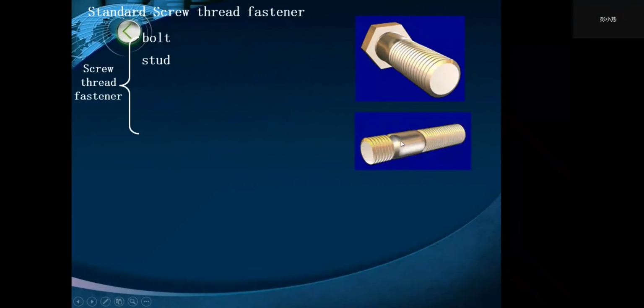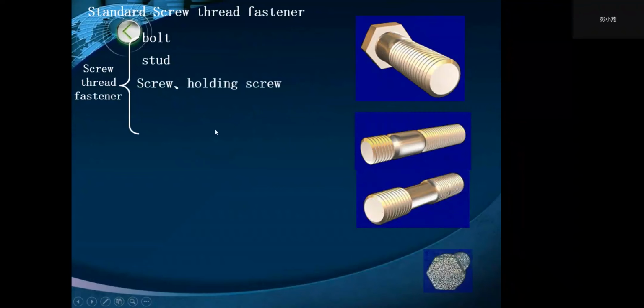A stud is a bar threaded at both ends. The mating end of the stud is screwed into a tapped hole in one of the parts to be connected, while the nut is screwed onto the other end, as shown in figure 3.3c on page 64 in your book.